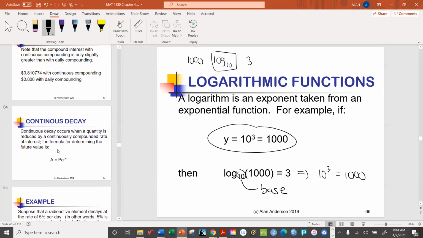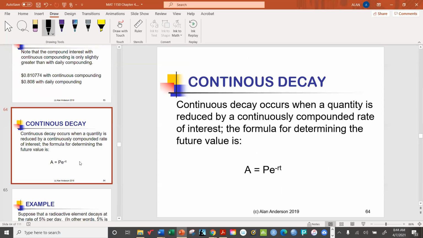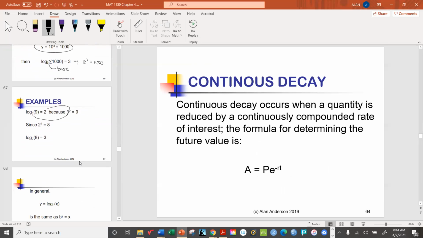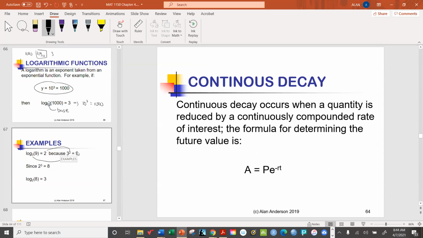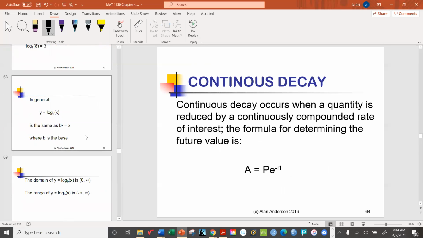Now, we know what e is. We've been using it throughout this chapter. e is approximately equal to, let's make a note of this somewhere, just in case we forgot.